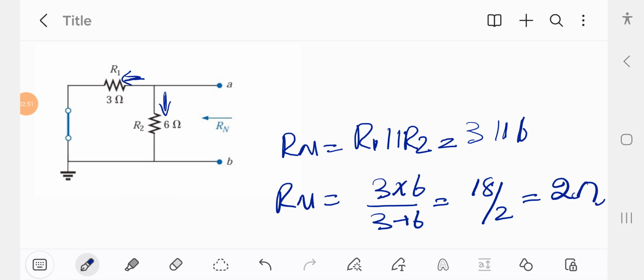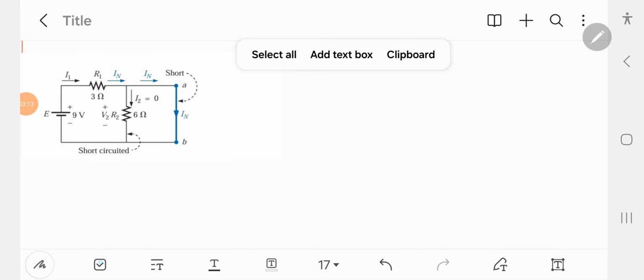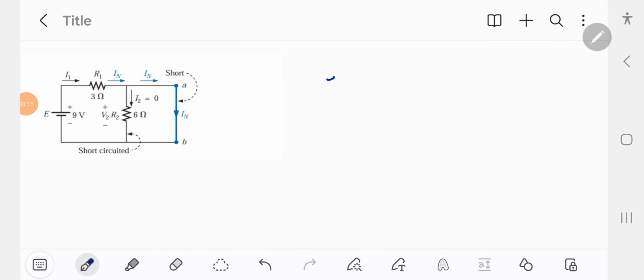To find the IN current, we should follow these steps. We will restore the voltage source, and the two terminals must be short circuited.